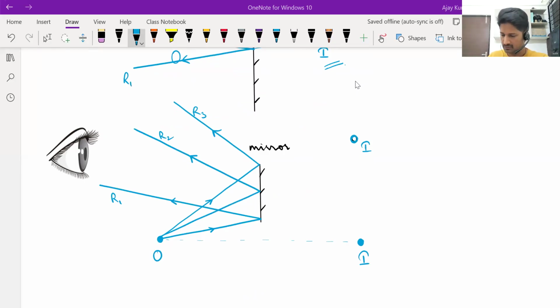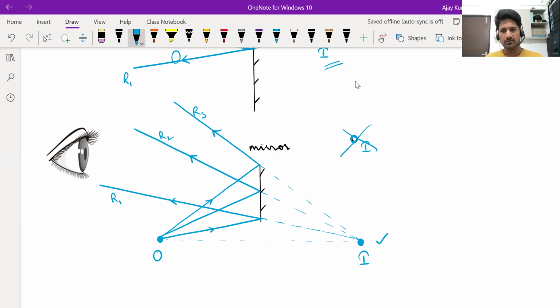Those rays, if you extend them in the backward direction, they will all appear to be coming from this common point. Rishi, do you agree with this or not? Yes, sir. So this is where the image forms.